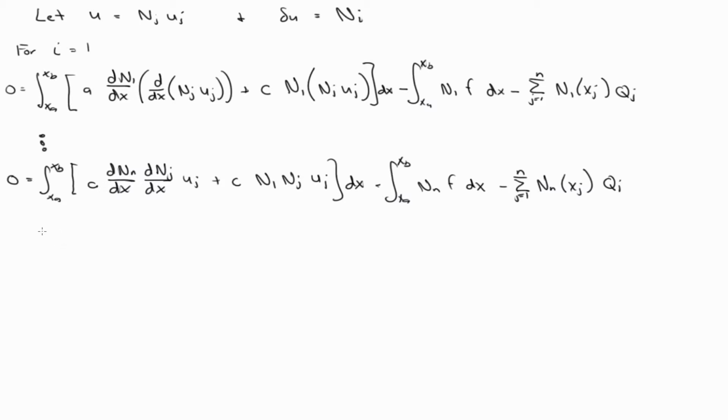All right. Therefore, for the ith equation, so everybody see that the i is the index that's going to give you the number of equations, right? The j is a summation, right? So the j is repeated, so that's a summation. And the u equals N_j u_j, that's a summation.